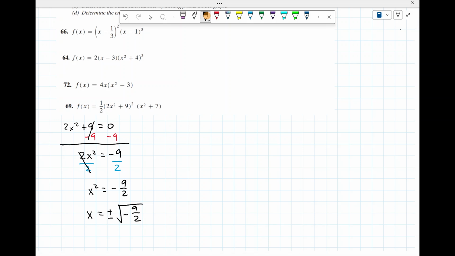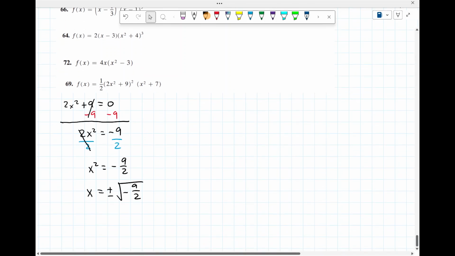Now, looking at this, we do have two zeros. This could be simplified, but we're going to skip that for now because it's unnecessary for this problem. You could have the positive square root of negative 9/2, and you could have the negative square root of negative 9/2. In both situations, we are taking the square root of a negative number, which means that would not be a real number.